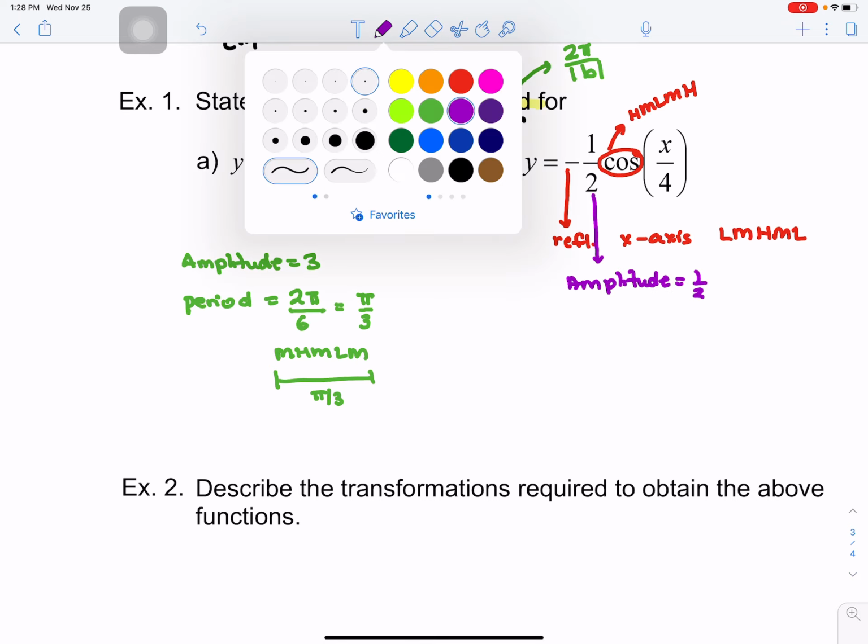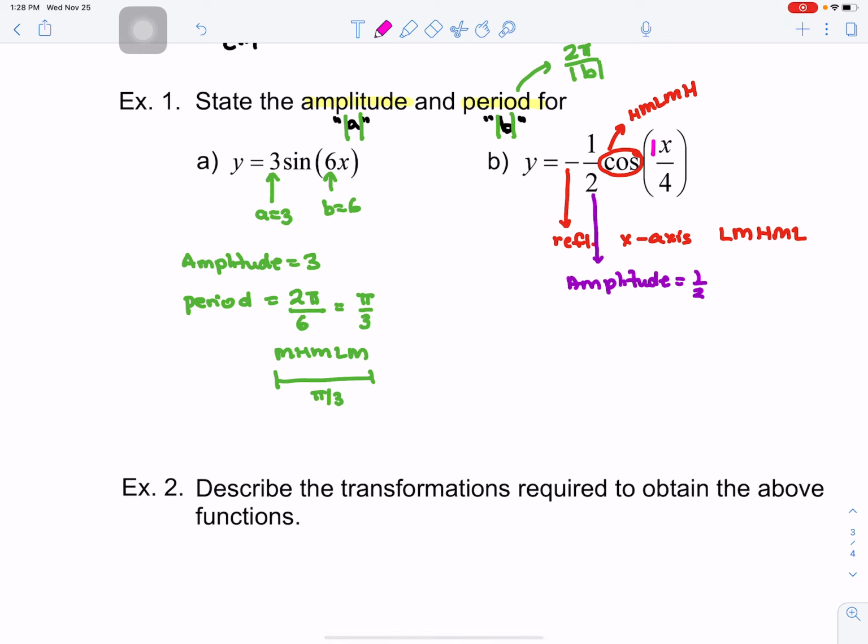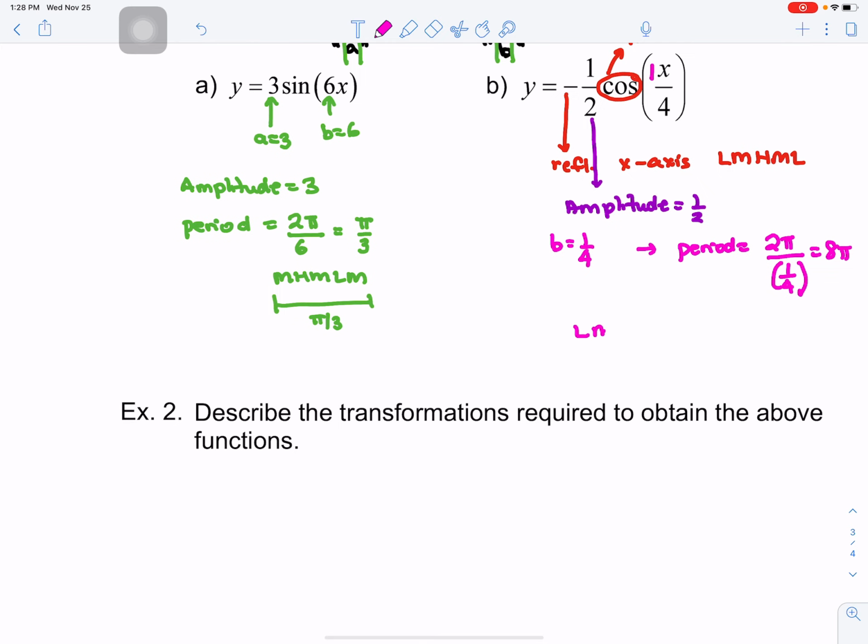And then my B value is 1/4, which means I'm getting 1/4 of a cycle in 2 pi. So my period is equal to 2 pi over my B, which is 8 pi. So it's going to do a low, middle, high, middle, low pattern in 8 pi units, which means I'm going 0 to 8 pi.